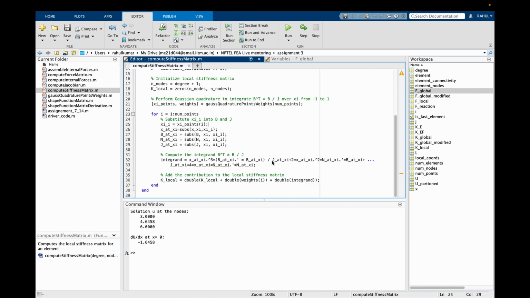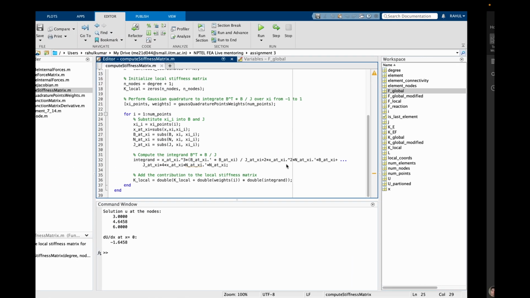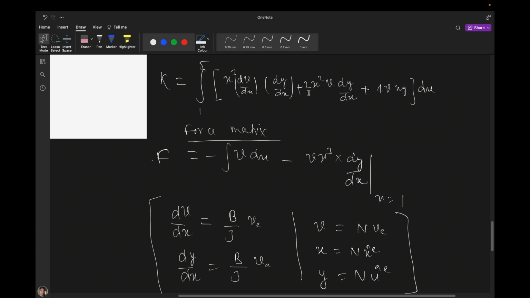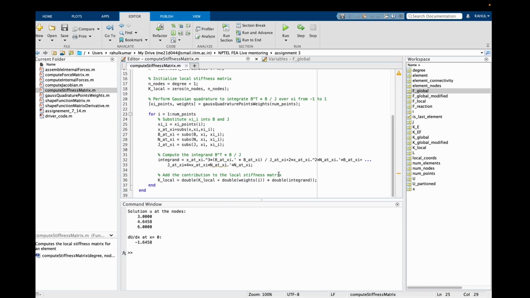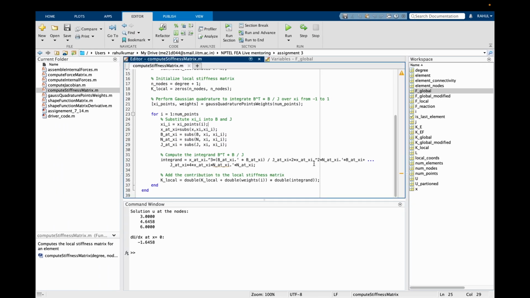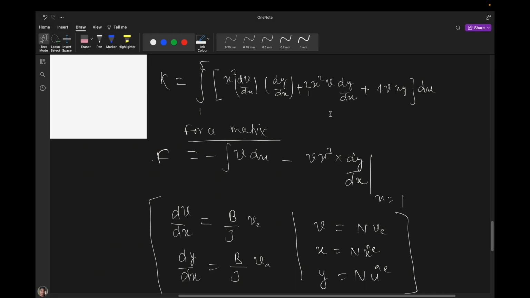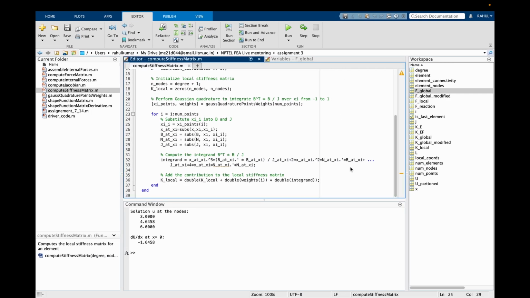Okay, and the second term is 2x square v dy by dx. Okay, so 2x square v will come outside, that will be v transpose, so that's why n transpose will come. Okay, and for dy by dx here b will come.